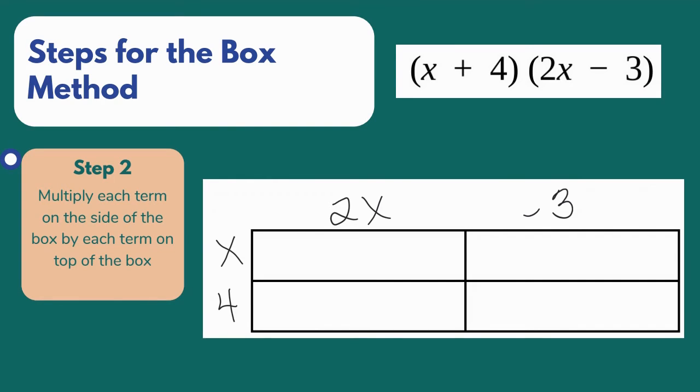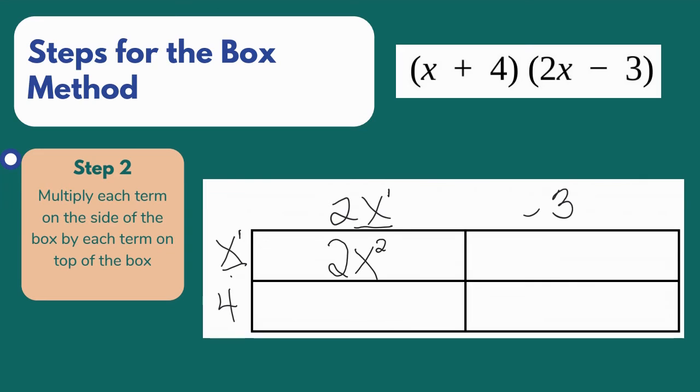Step 2 says multiply each term on the side of the box by each term on the top of the box. So let's go ahead and do that. First, I'm going to multiply x times 2x. Remember, this is actually x to the first power, and this is also x to the first power. When I multiply powers of the same base, I add my exponents. So 1 plus 1 is 2, and my coefficient is 2.